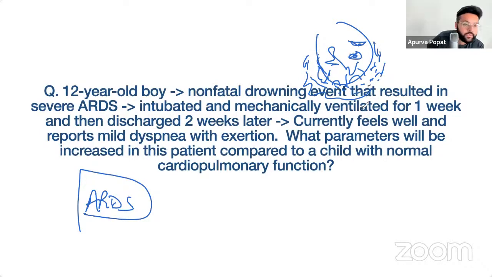So this is fibrosis, because from ARDS, one of the complications is fibrosis. Most of the patients will get resolution of their symptoms, but some patients still can get fibrosis. And this patient actually got fibrosis after ARDS. And what will be the AA gradient in this patient if they are getting fibrosis?